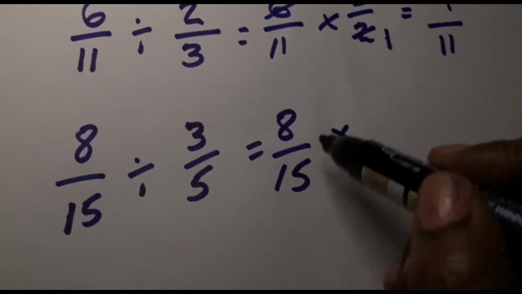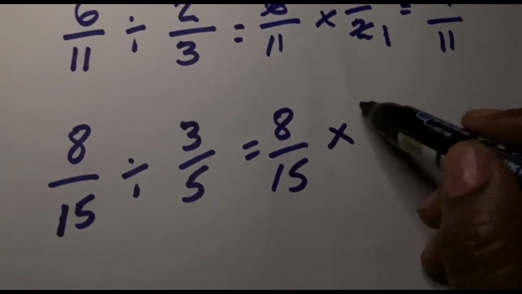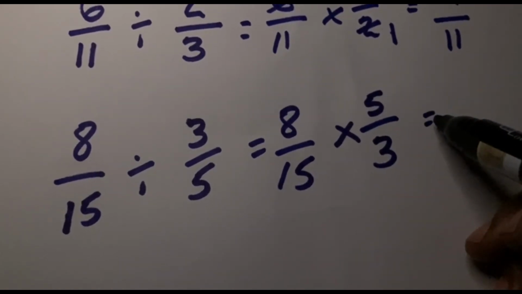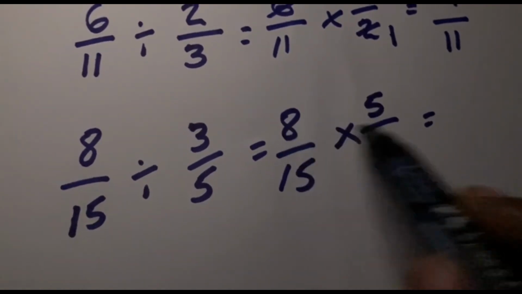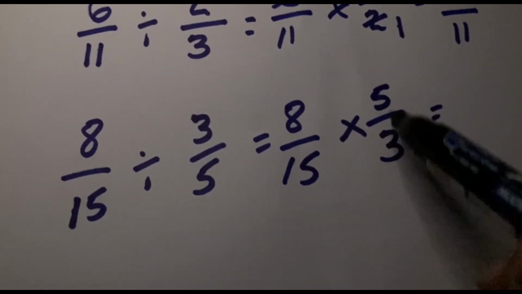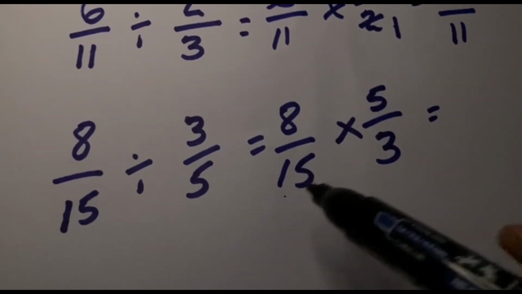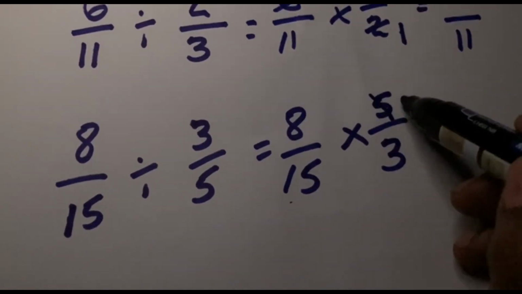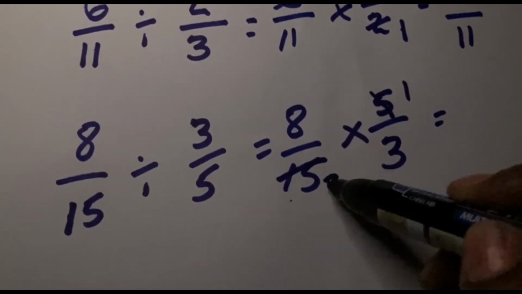Then flip the second fraction, 3 over 5, to 5 over 3. Then anything to simplify? There is a simplification across between 5 and 15, because both can be divided by 5. 5 by 5 is 1, 15 by 5 is 3.